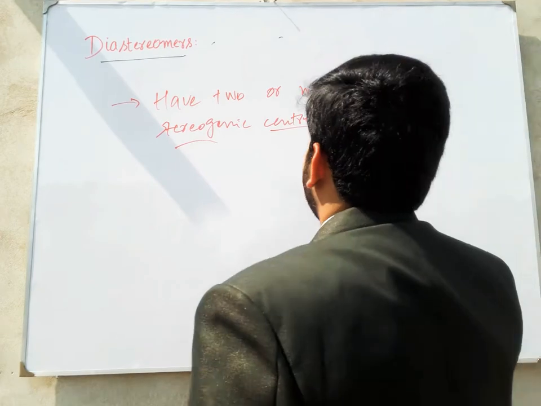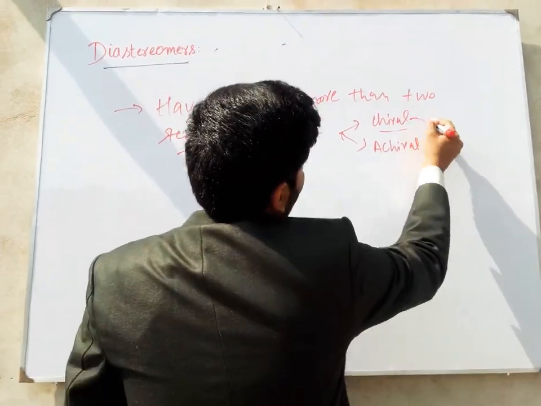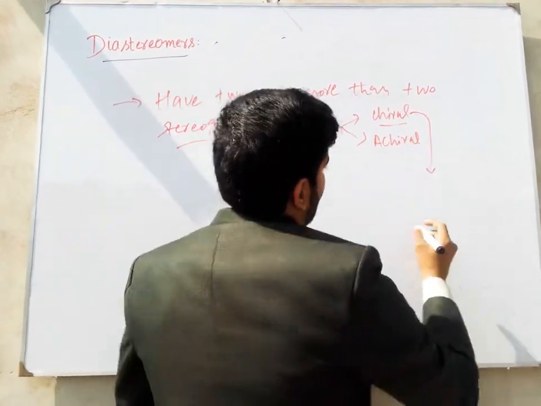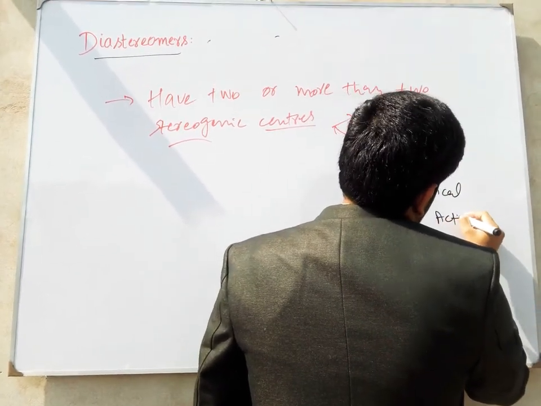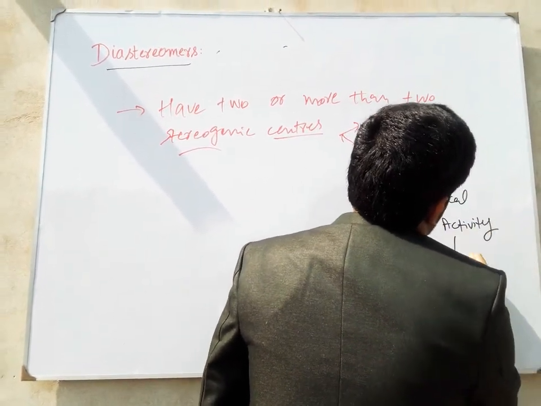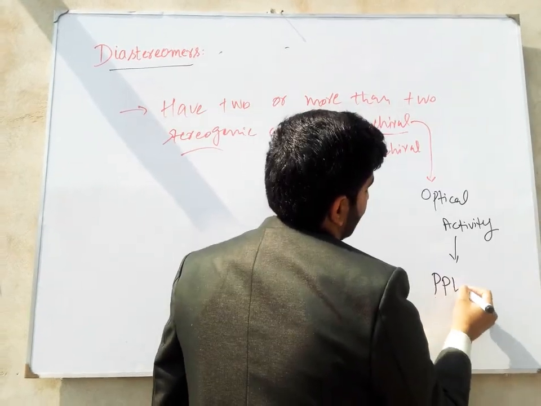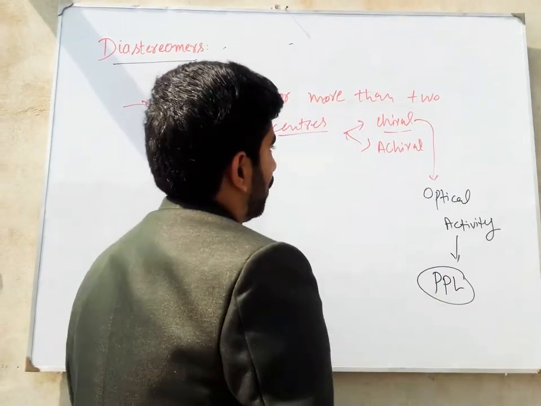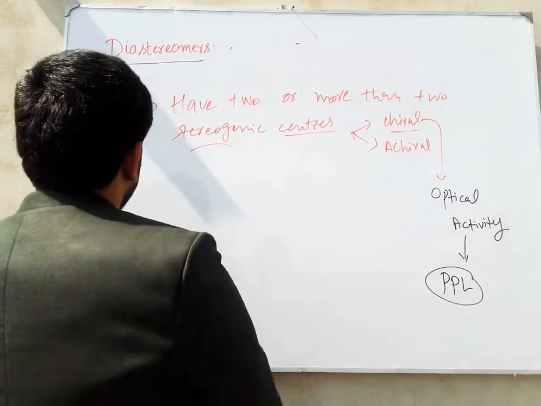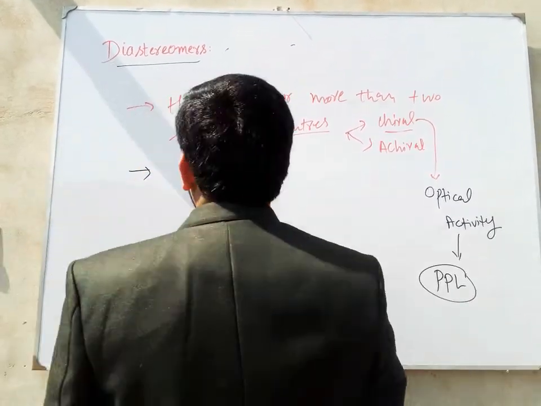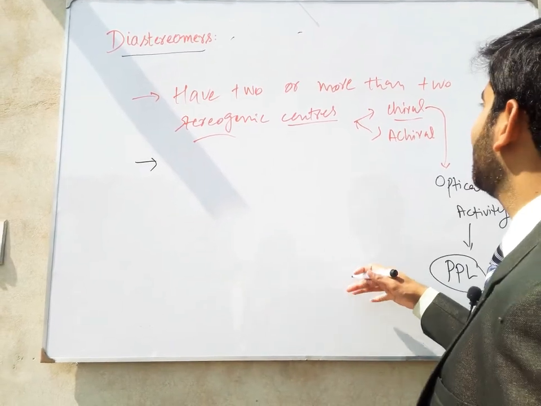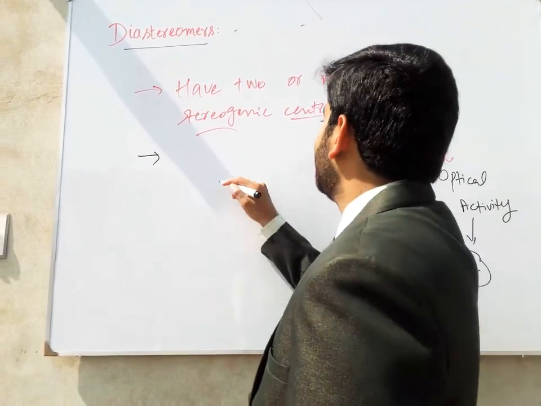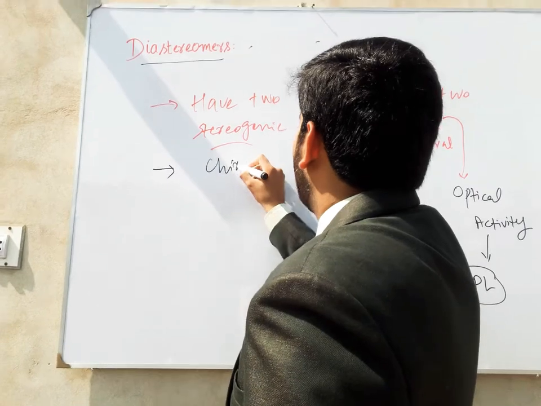If these stereogenic centers are chiral centers, then these compounds show optical activity and rotate the plane polarized light in the clockwise or anti-clockwise direction. So not all the diastereomers possess optical activity. Only those diastereomers possess optical activity that have chiral centers.